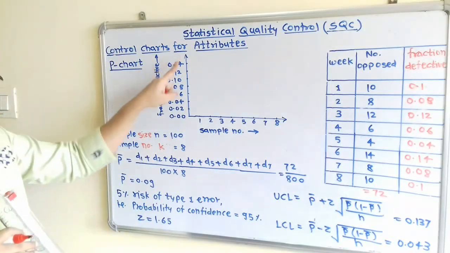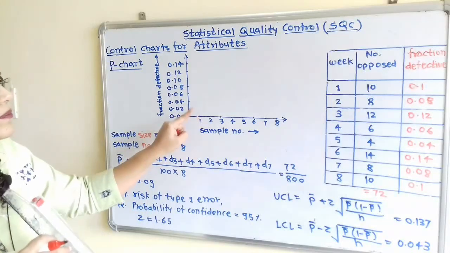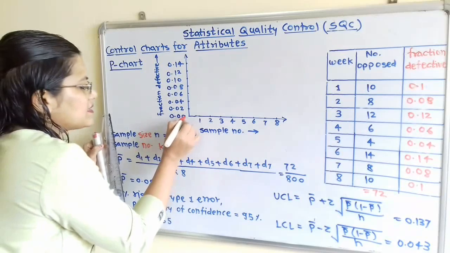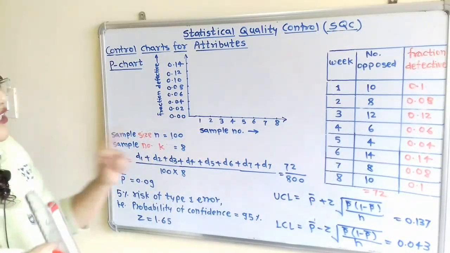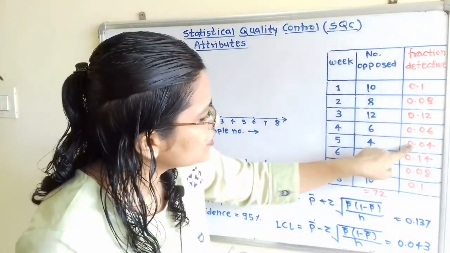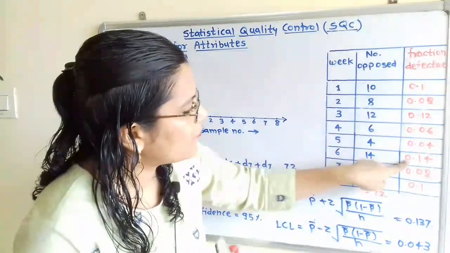Now we will plot all this data, starting with sample number 1. Here is sample number 1, fraction defective 0.1. If we observe here, the minimum number is 0.04 and the maximum number is 0.14.